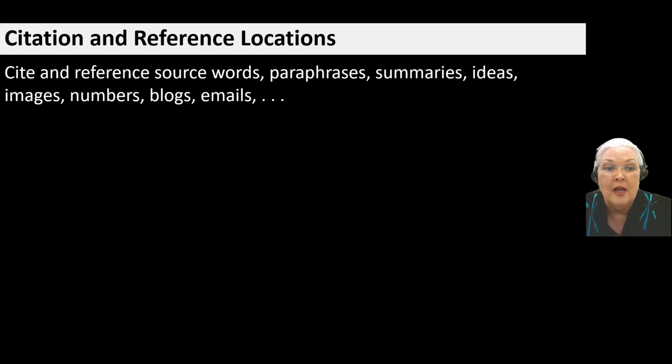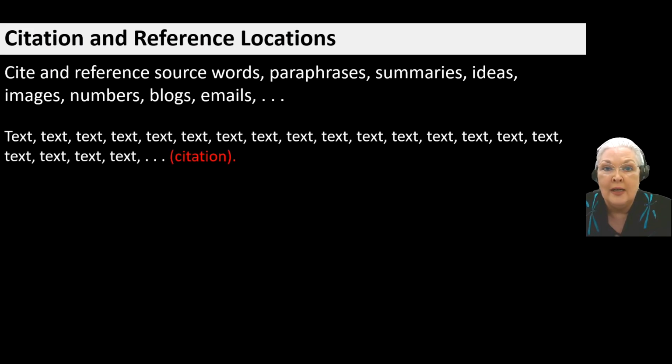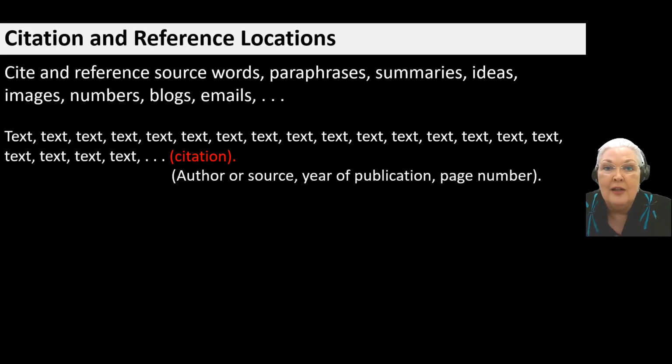But for the citation, that is going to appear at the end of the sentence in our paper in parentheses. The citation includes 3 elements: the author, or if there's no person, then the source, the year of publication, and a page number if there is one.